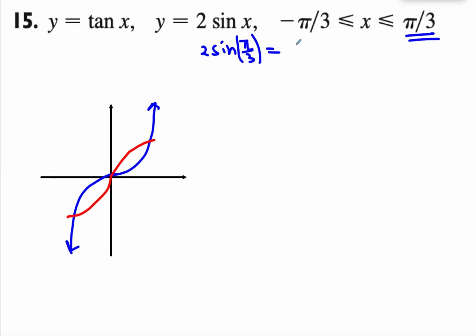Oh, in fact, they might be the same place actually. Radical 3. And if you plug in pi over 3 in place of x here, tangent of pi over 3 will also be equal to radical 3. So we're looking at an intersection in both places. That's equal to pi over 3, and this must be equal to negative pi over 3.